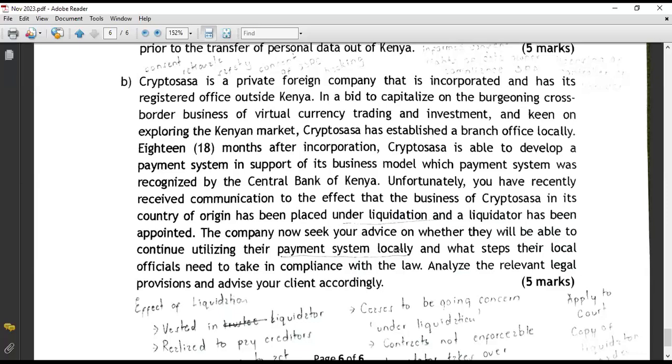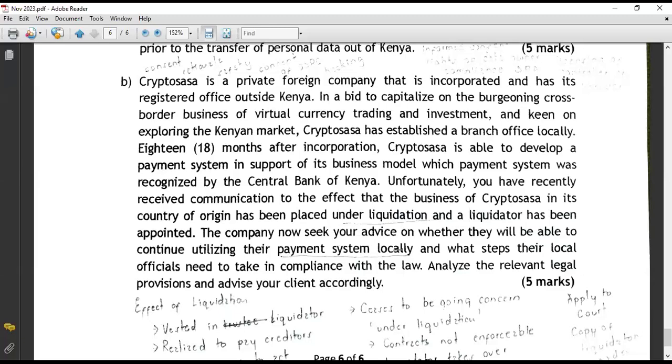Which means that in the concept of liquidation, the Kenya branch is an asset of the company. It will not continue because upon liquidation, the assets of the company, including companies that they own, have to be liquidated to bring value to the creditors of the company.